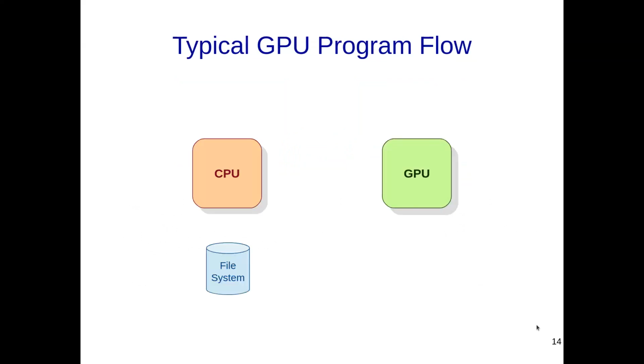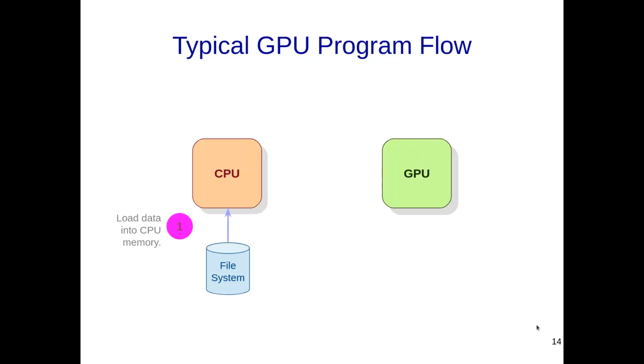Okay. A typical GPU program flow is going to look like this. I'm going to show 5 steps pictorially. So the first thing is, let me show you the architecture. We have this CPU, then there is a GPU. CPU is typically associated with a disk on which there is a file system, and I'm going to load some data from this file system into the CPU memory.